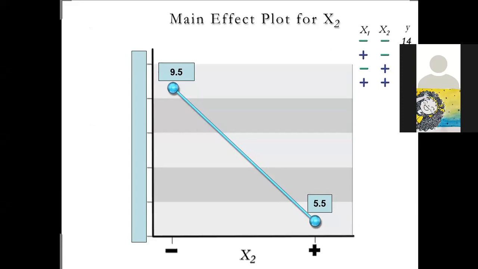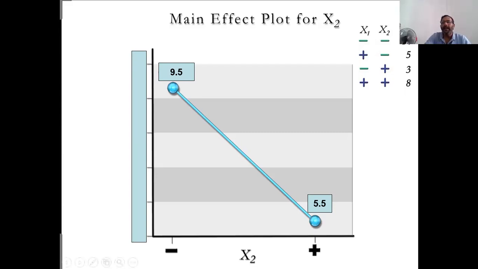Here we are looking at the values for x2. So the difference between the average of these two and the average of these two, the pluses and the minus.